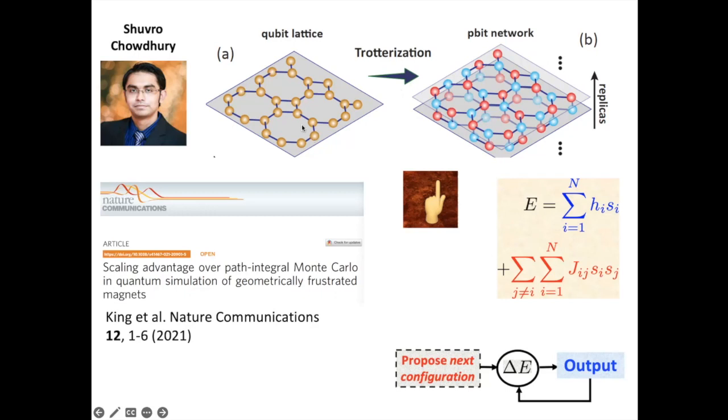Replicas means that if you have this particular lattice, what you do is create a lattice where you have similar looking layers, each layer looking just like the qubit lattice. And then in the vertical direction, these various replicas are coupled by a certain strength, which is determined by the degree of this quantum, this is the transverse-Ising model.